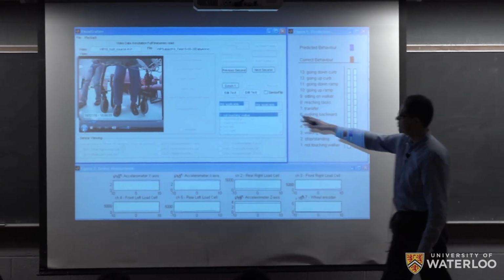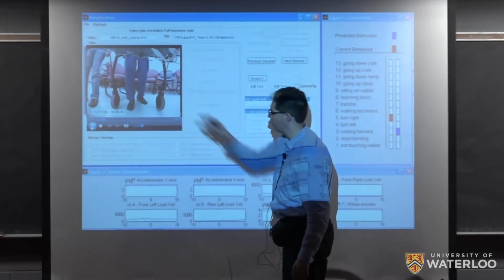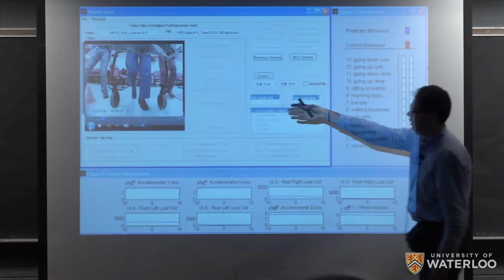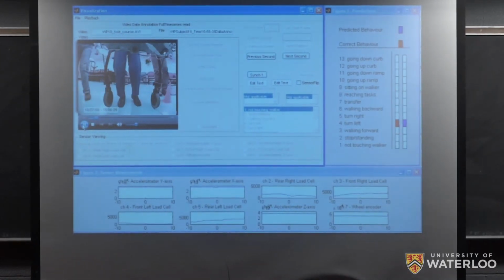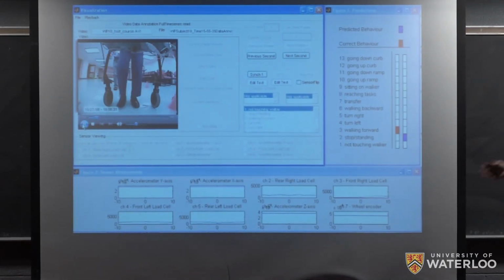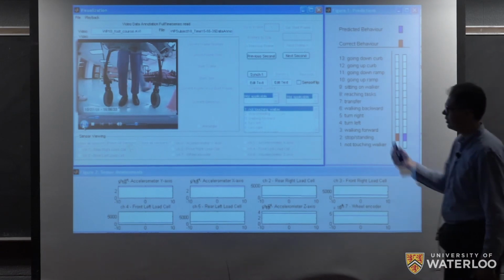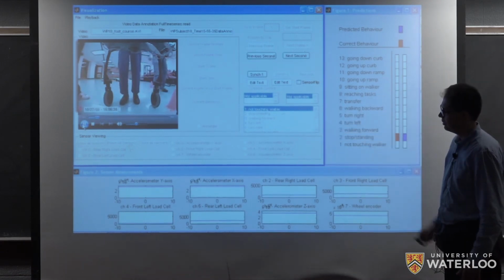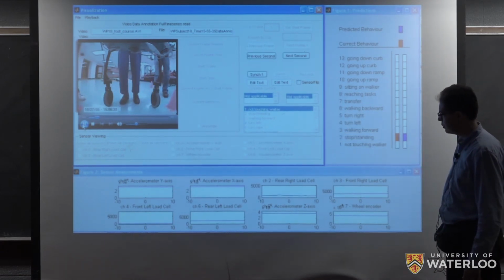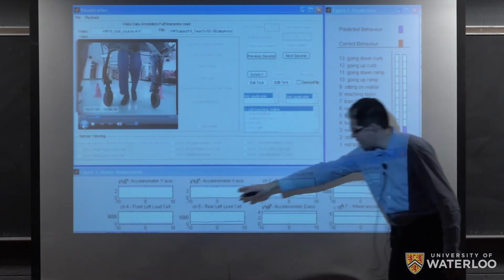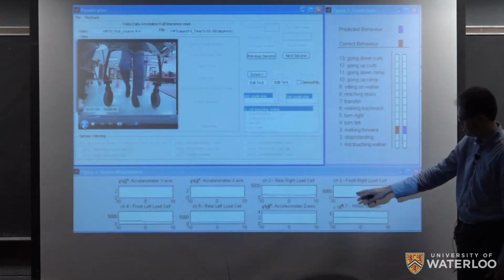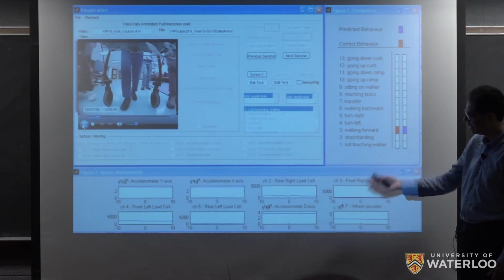Okay, so here we go. The recording started. This is a lady at Winston Park, and she's going through the walking course. She's, in fact, just getting into the starting position. You can already see at the bottom some of the sensor measurements that are fluctuating.